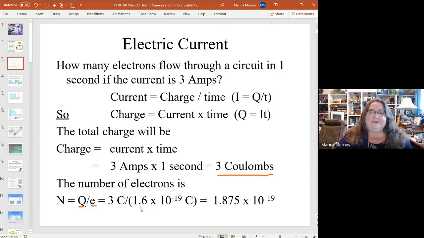So 3 coulombs divided by 1.6 times 10 to the minus 19 coulombs per electron gives you 1.875 times 10 to the 19th electrons. That's a lot of electrons.